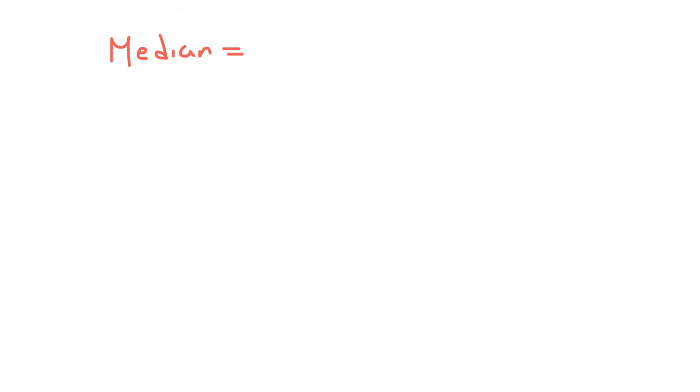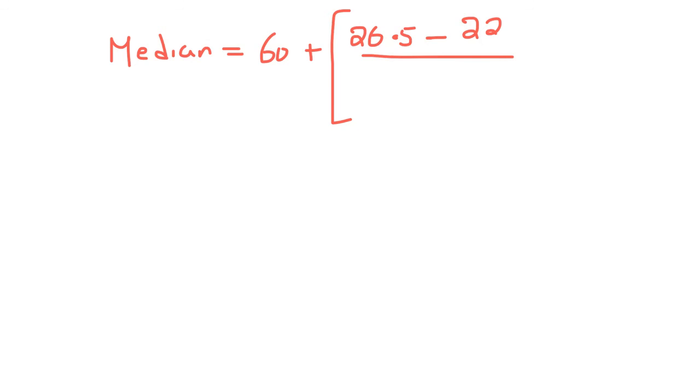L, the lower limit of the class, which is 60, plus n over 2, which is 26.5, minus CF, the cumulative frequency of the class preceding the median class, which is 22, divided by F, the frequency of the median class, which is 7, times H, the class interval, which is 10.